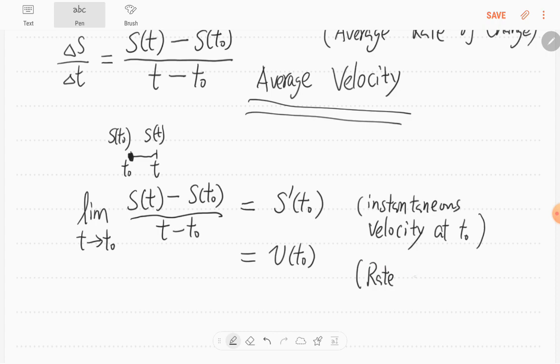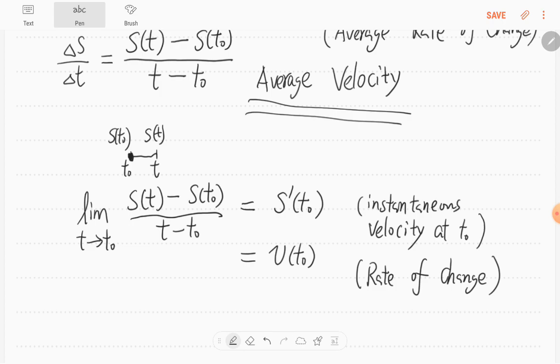The rate of change of the position function will give you the instantaneous velocity at this moment. Okay, so in the future, we are really interested in the instantaneous velocity, not the average velocity, right?